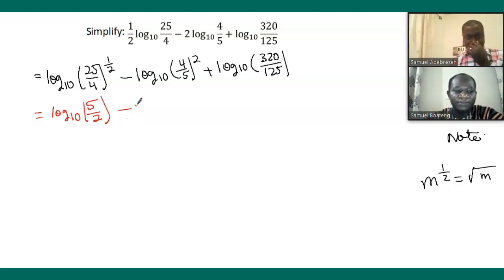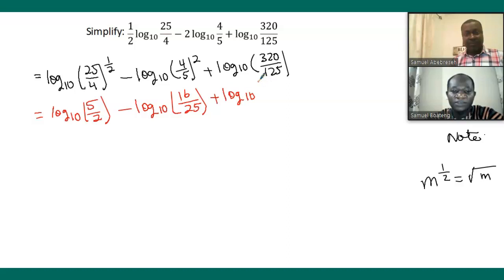Minus log to the base 10, bracket open, 4 raised to the power 2. So the 2 will affect the 4. So 16 on 25. Plus log to the base 10, 320 on 125.